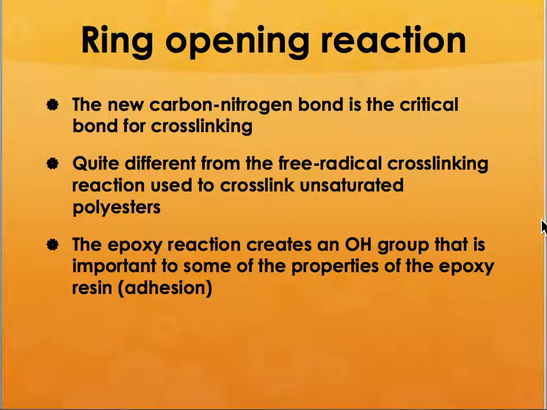It is not the same as the free radical cross-linking reaction used to cross-link unsaturated polyesters, or things that are much simpler reactions. And the epoxy reaction will also create an OH group that is important to some of the properties of the epoxy resin itself.